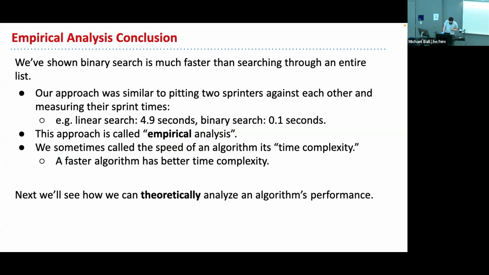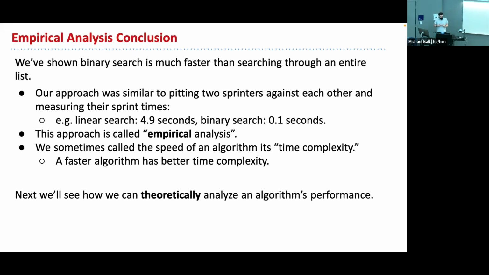We can show in this case that this binary search algorithm, because on the case of 301 it completes in a fraction of a second versus the linear search algorithm completing in about 5 seconds, is faster. We call this empirical analysis, because what we're doing is running the code, getting a timer, testing it out, and gathering data that way.